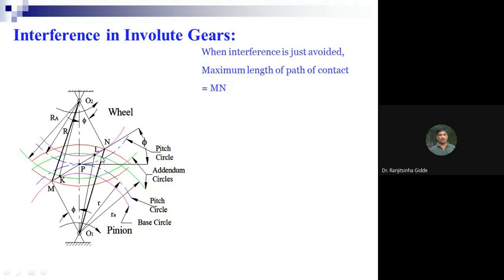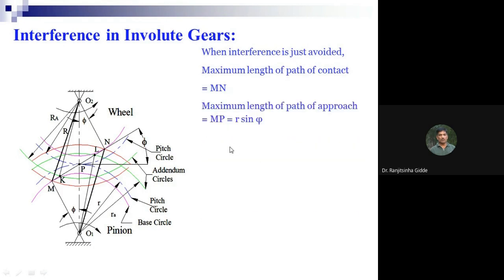O2M is the radius of maximum addendum circle for the wheel. So these are the limiting radii. Accordingly, we have this MN segment, which is called the maximum length of path of contact.